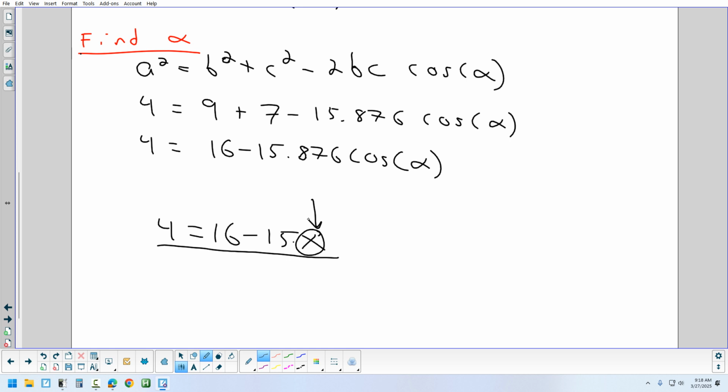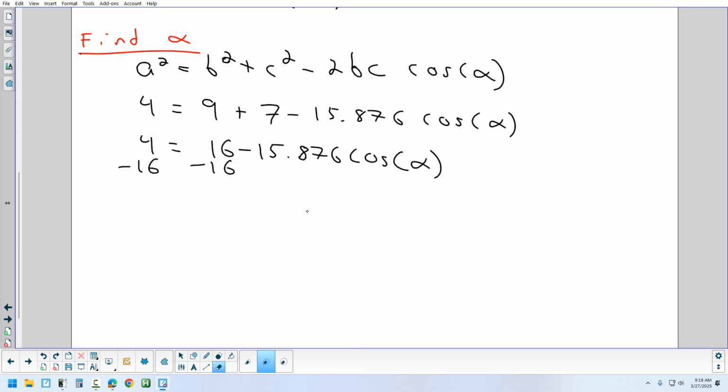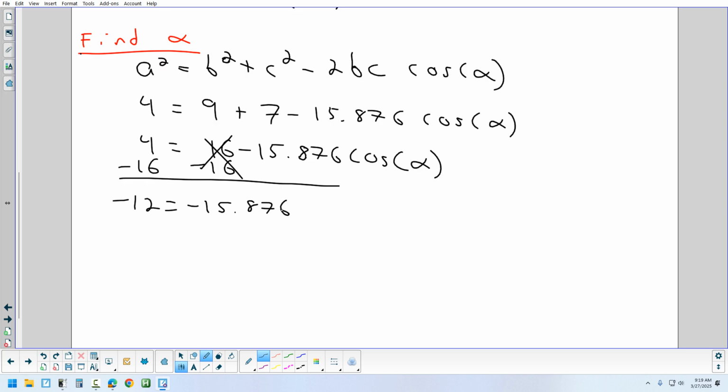Yeah, subtract 16 from both sides. So that's going to give you negative 12. That's gone. Equals negative 15.876 cosine alpha. All right. Now what we have at this step is basically something like this.